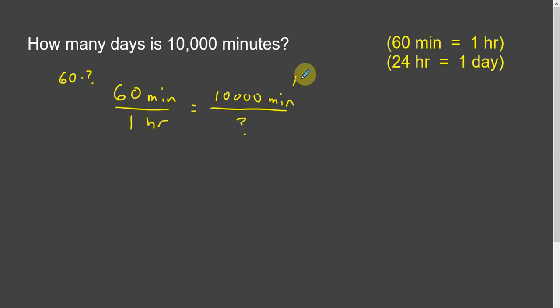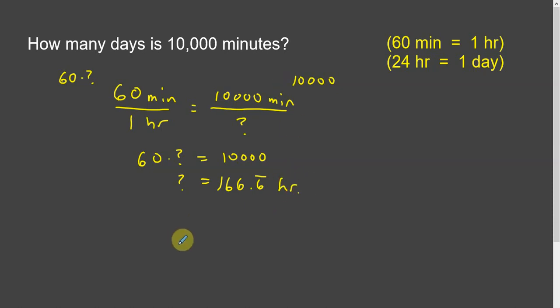This is 10,000. 1 times 10,000. So 60 times unknown is 10,000. So this time we do have to divide. 10,000 divided by 60. And we get 166.6 repeating. And again, that's how many hours 10,000 minutes is.